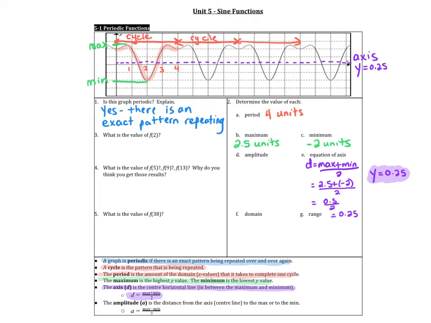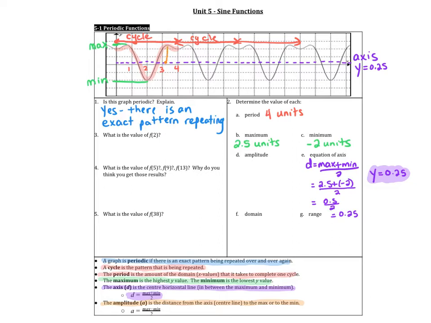And the next thing, or the last part of definitions that you need to know, is the amplitude. And the amplitude is the distance from the axis to the max, and it's also the same as the distance from the axis to the min. So here is the axis.